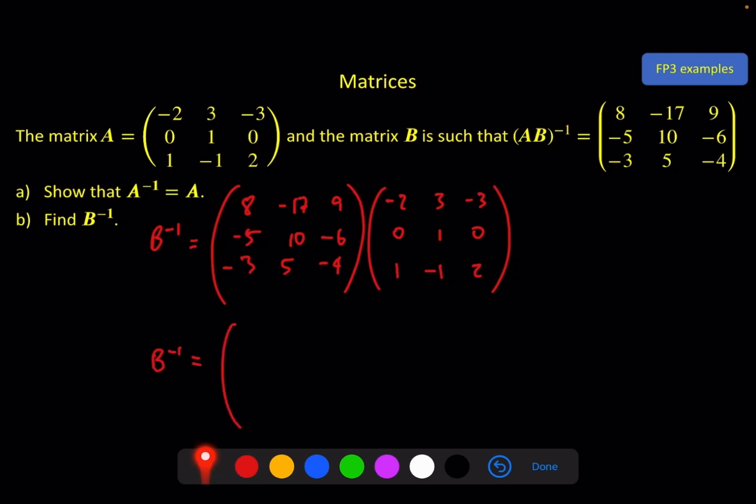First row, first column. Minus 16, 0, plus 9. We have minus 7. 24, minus 17, minus 9. It's minus 2. Minus 24, 0, 18. It's minus 6. Second row, first column, 10, 0, minus 6 is 4.